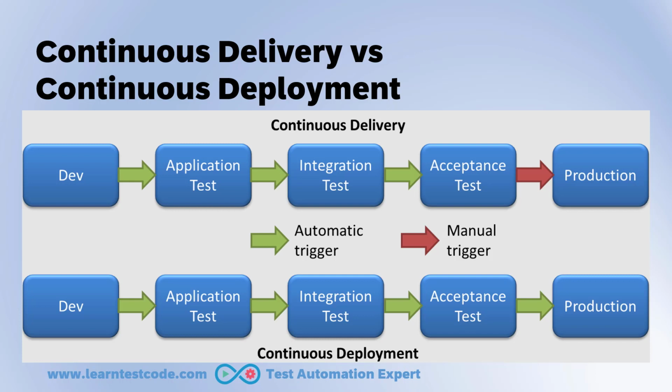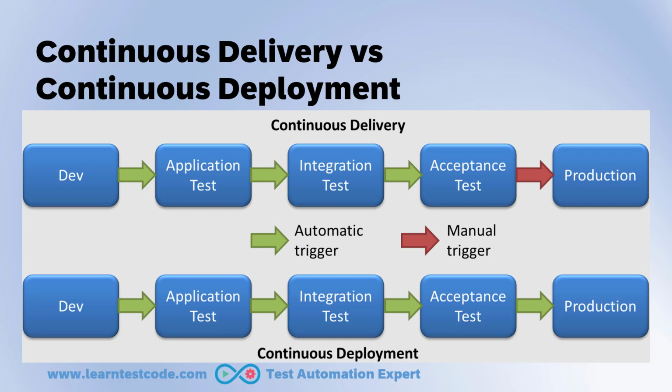Testers are running some manual tests to make sure that everything is working and this release is ready to be deployed to the production. And continuous delivery is used by less mature teams who don't have yet so much test automation.